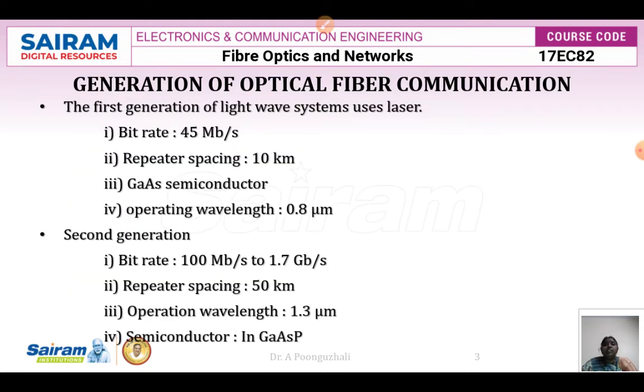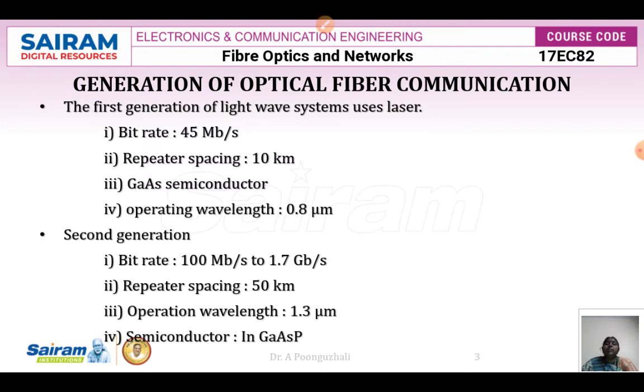Next we will see the generations of optical fiber communication, or the history of optical fiber communication. The first generation of light wave system uses laser. The bit rate used in the first generation was around 45 megabits per second, and the repeater spacing is 10 kilometers.